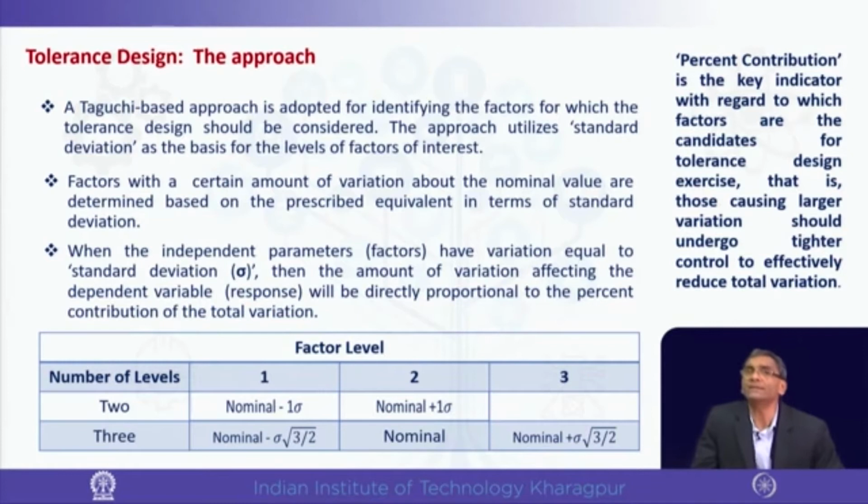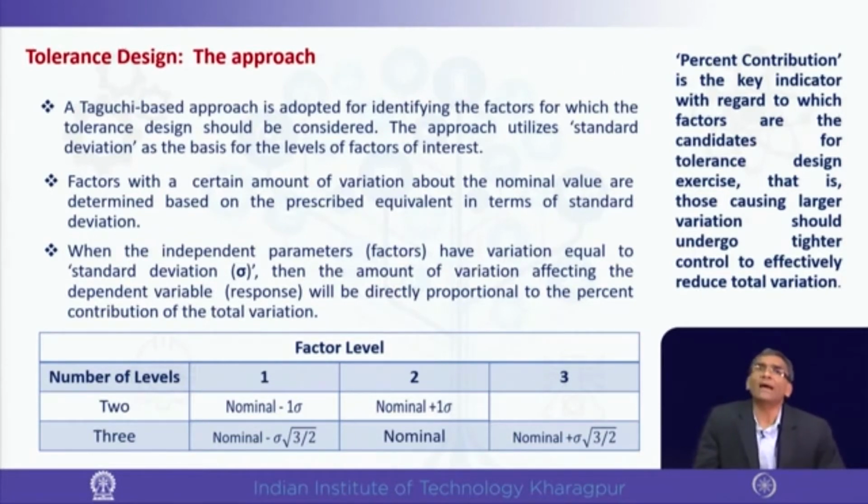So, to what extent should we tighten? We need rationality, because making it too close may increase the cost and demand on resources, which perhaps is not so much required. So, what is the optimal level? How much can we tolerate? That is what we try to find out from here.